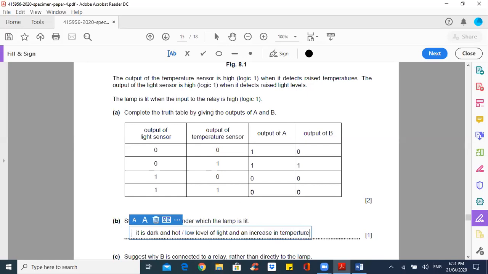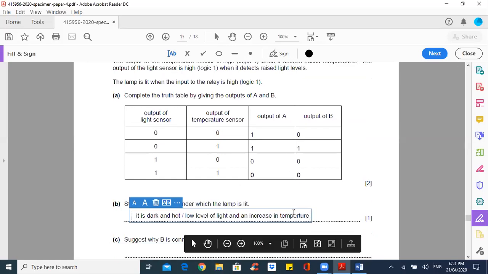Either of the answers will be fine. So it is dark and hot, or low level of light and there's an increase in temperature.